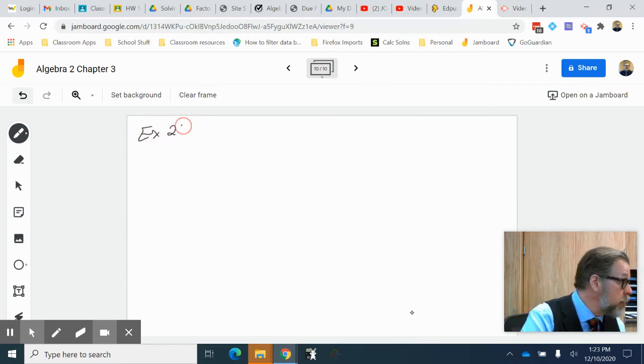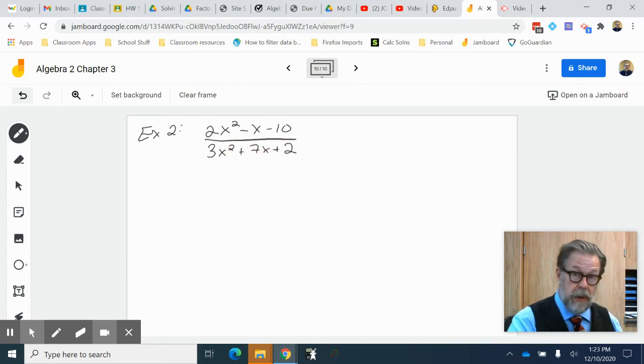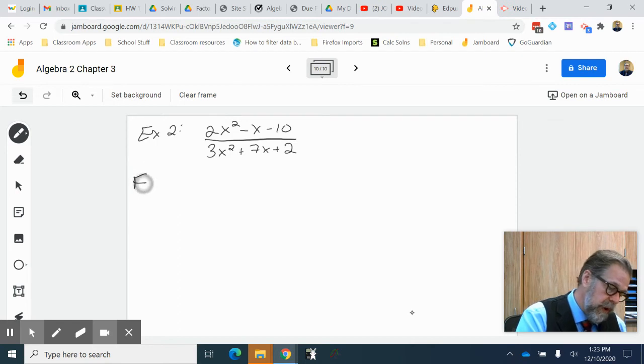All right, let's do another example. Example number 2. 2x squared minus x minus 10 all over 3x squared plus 7x plus 2. So step 1, always step 1, factor. What have I got? I got 2x, I got x. I'm going to say probably 5 and 2.